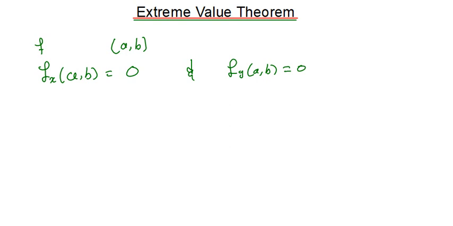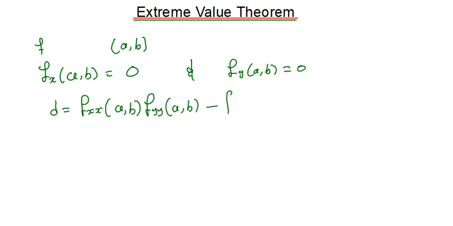The discriminant D will be equal to f_xx, the second partial derivative with respect to x at a comma b, multiplied by f_yy, the second partial derivative with respect to y at a comma b, minus the mixed partial f_xy at that point a comma b, squared. So that's the discriminant that we have.